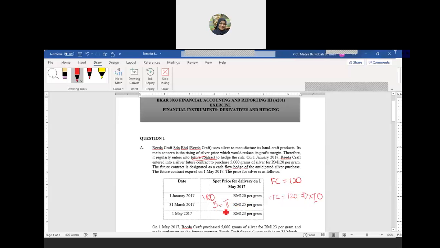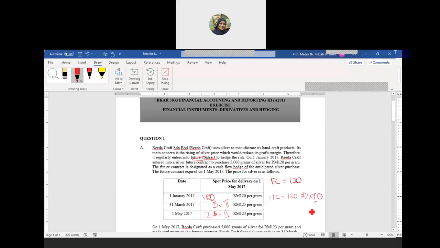Then on 1st of May, the price reduced from 125 to 123. So there is a reduction in value of 2, and you have a loss when you compare these two figures.